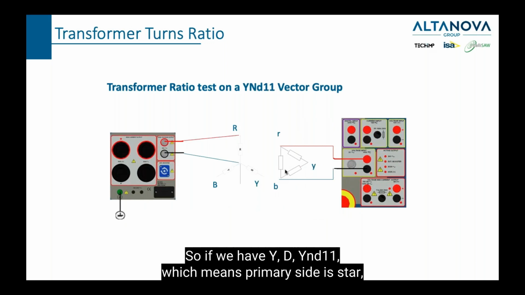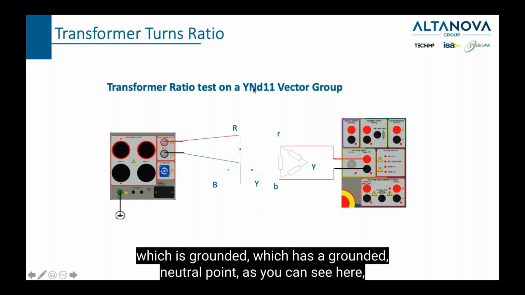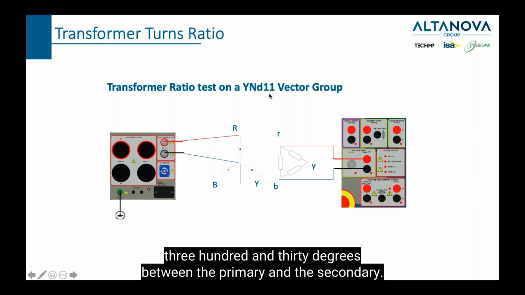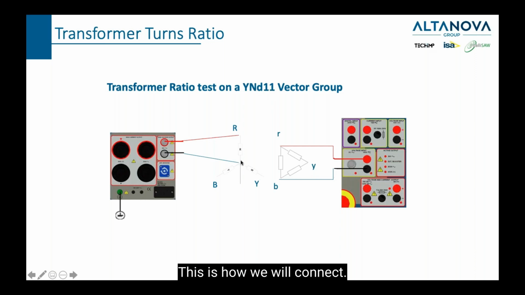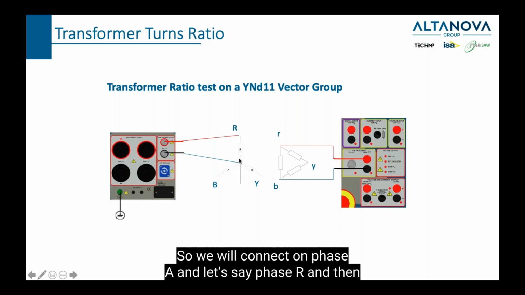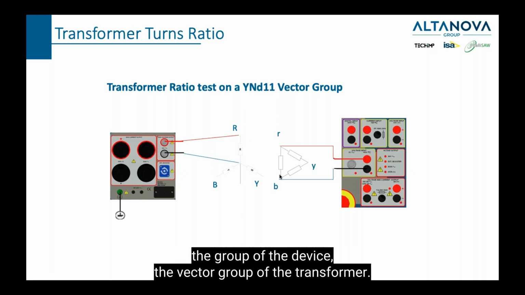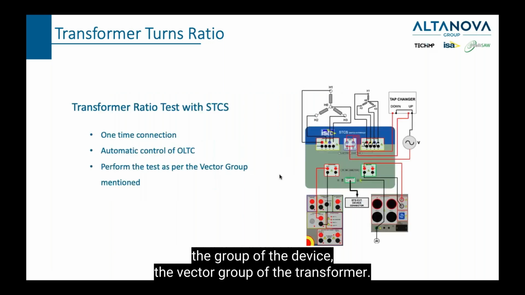So if we have YND11, it means the primary side is star, which is grounded, which has a grounded neutral point, as you can see here, and then we have a D on the secondary side and 11, which means the phase shift is 330 degrees between the primary and the secondary. This is how we will connect. We will connect on phase A and let's say phase R, and then here the same. We will perform 2 tests and we will get the vector group of the device.